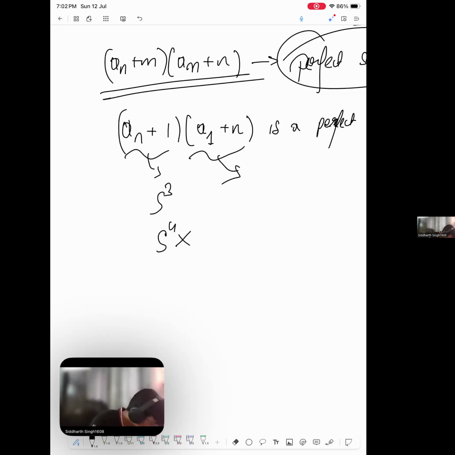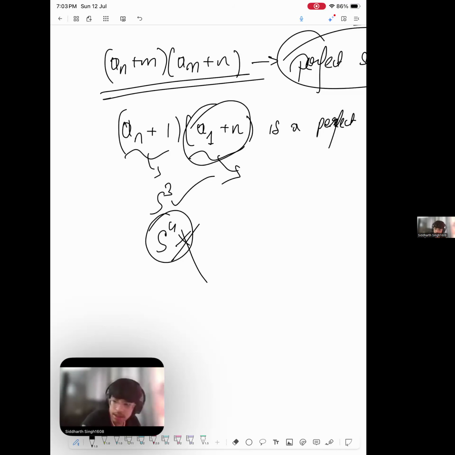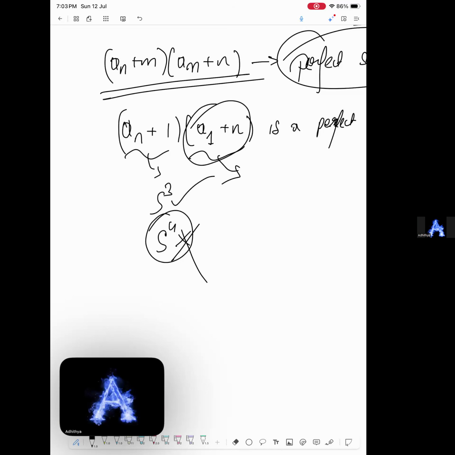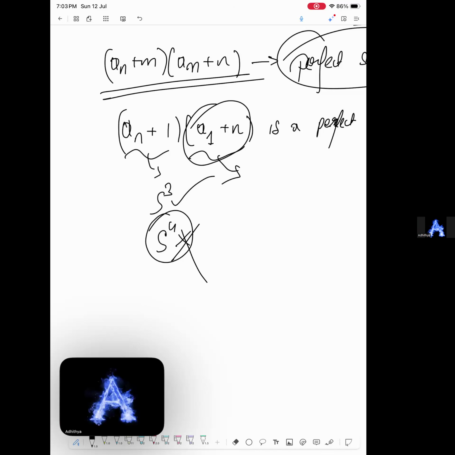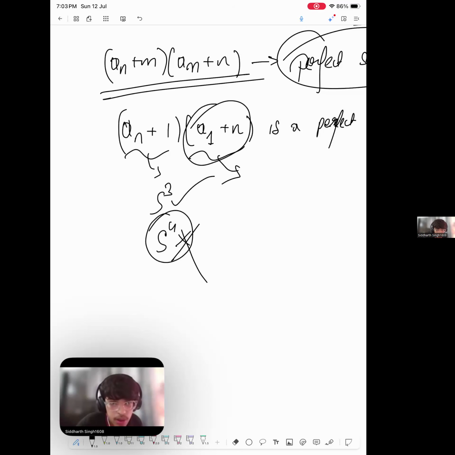If 5 cubed divides this and 5 to the power 4 does not divide this, what must divide a_1 plus n? 5 cubed divides a_n plus 1. 5 to the power 4 does not divide a_n, exactly.